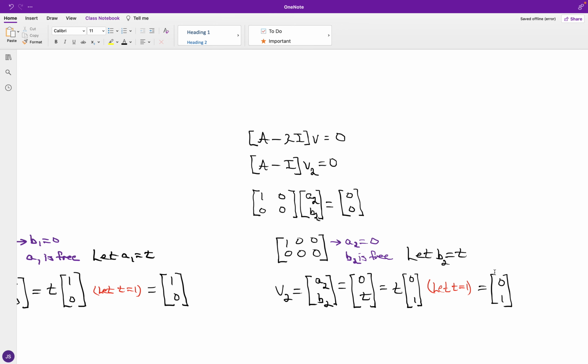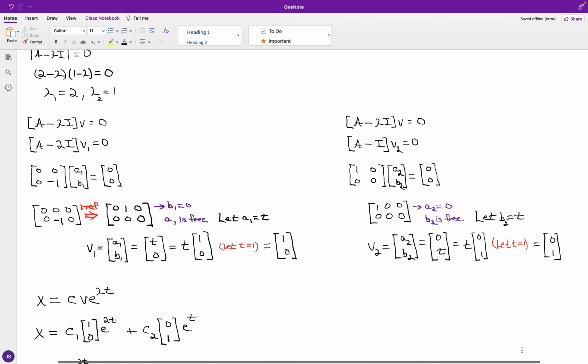So for v sub 2, substituting t for b sub 2, we have 0 and t. Factoring out t, you have t times the matrix consisting of 0 and 1, again letting t be equal to 1. So v sub 2 is equal to its basis, 0 and 1.